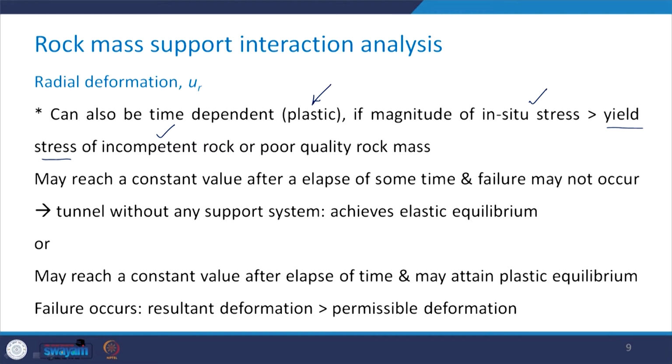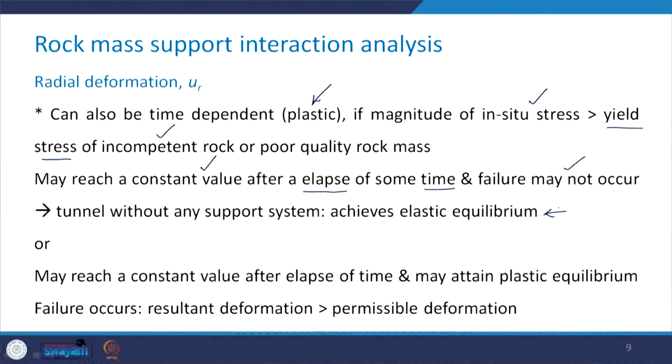This value of the radial deformation may reach a constant value after a elapse of some time, and failure may not occur. This is again a plastic value, but still failure may not occur. That means what?